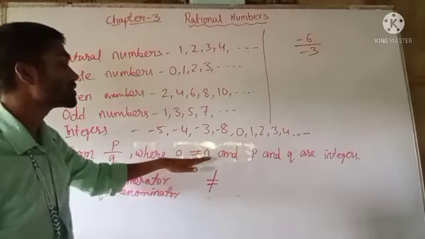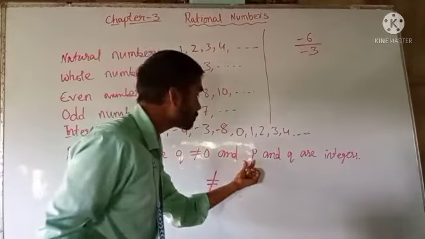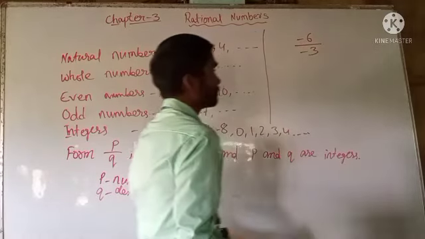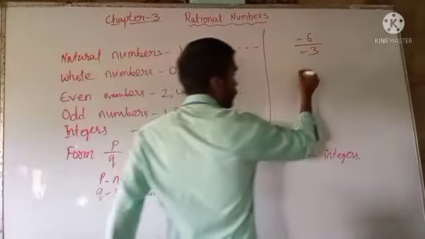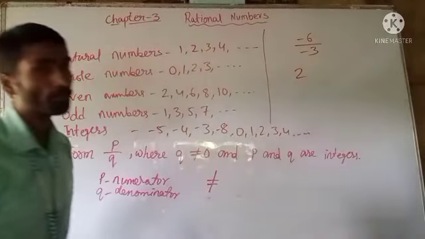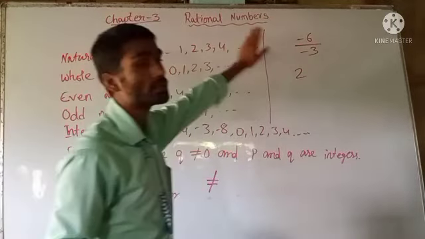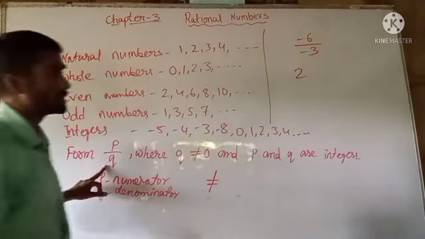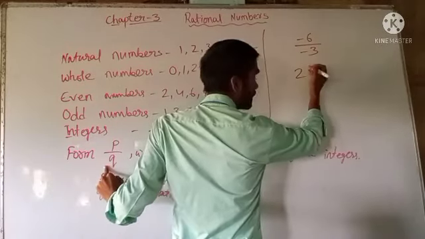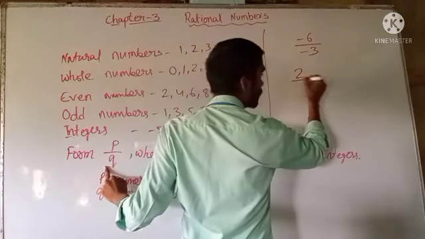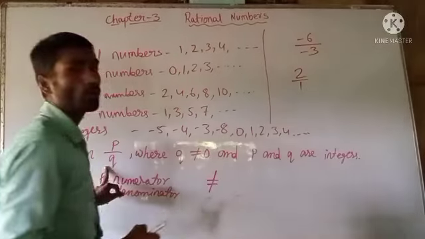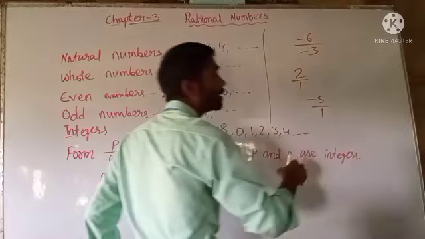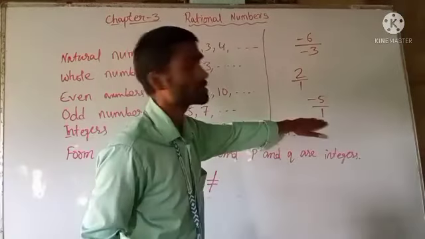because it is of the form p by q, where q is not equal to 0 and both p and q, the numerator and the denominator, are integers. Now take another example: is 2 a rational number or not? Is it in the form of p by q? Yes, it is, because whenever any number is there, we can assume that 1 is in the denominator. Similarly for minus 5, we can assume 1 in the denominator, so minus 5 by 1.